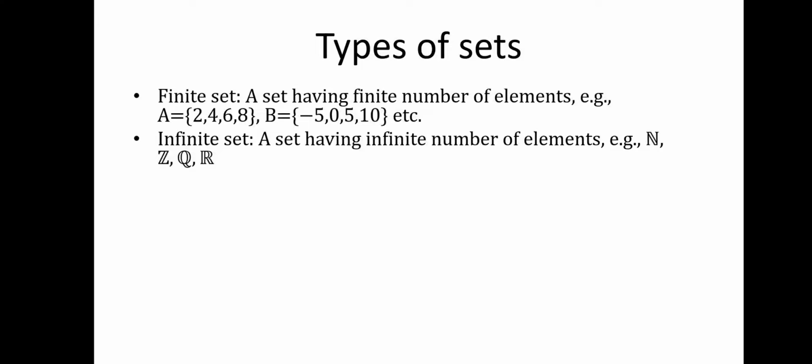So right from class 6 till class 10 you have learned all the different number systems. You started off with natural numbers in class 6, then in class 7 you learned integers, then in class 8 rational numbers, then in class 9 irrational numbers, and in class 10 you learned the idea of real numbers.